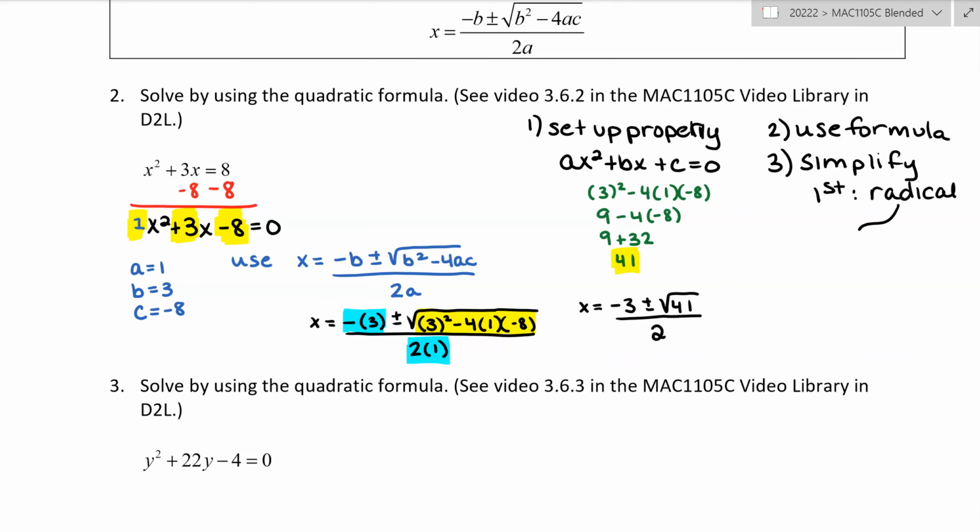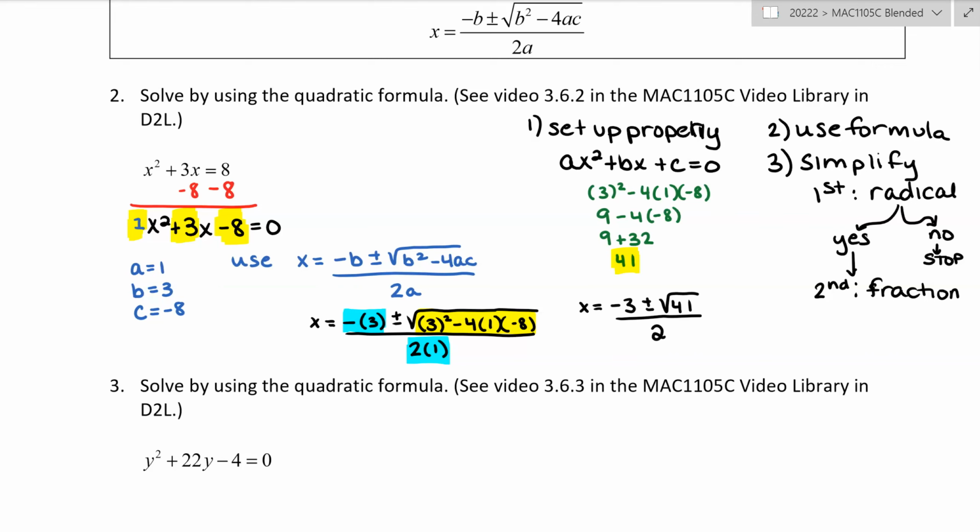So if the radical simplifies, then second, you're going to try to simplify the actual fraction, the whole thing. If the radical doesn't simplify, then you just stop and you've got your answer. So you're only trying to simplify a fraction if your radical simplifies into something else.